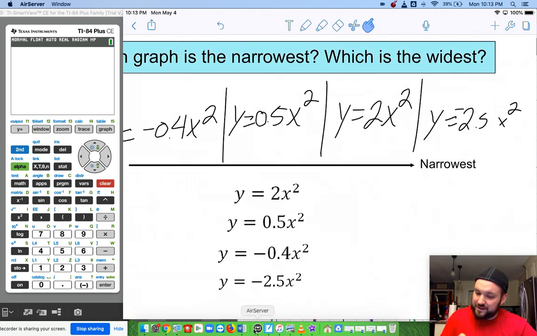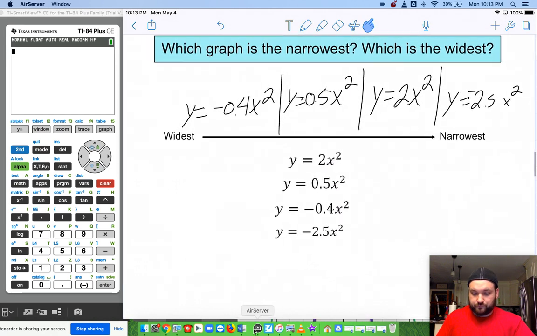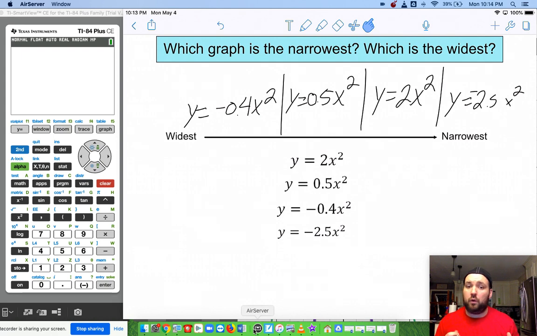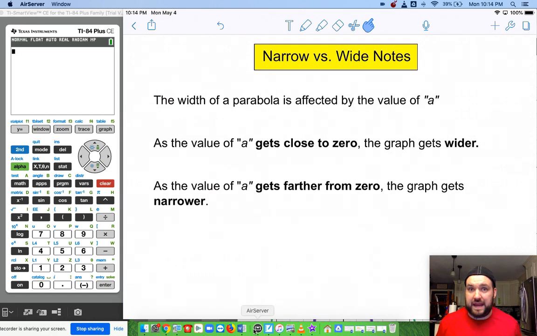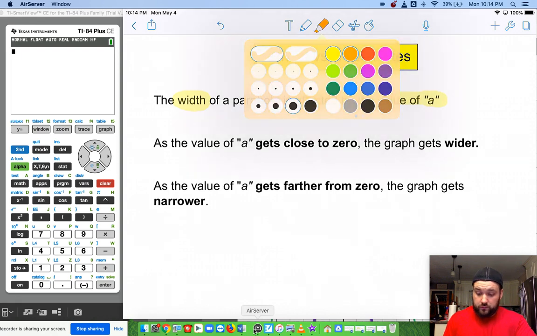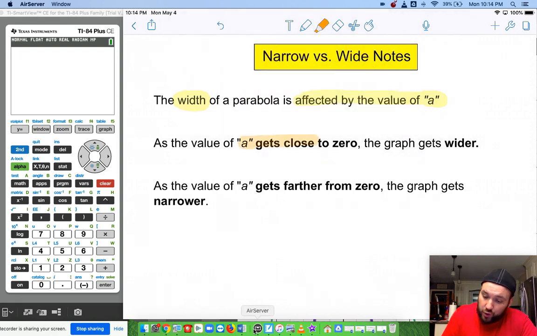And you may see a pattern here already. As far as being narrow or wide, that is determined based on the number in front of x squared. Okay, what we call the a value. So the width of the parabola, how wide the parabola is, is affected by the value of a.